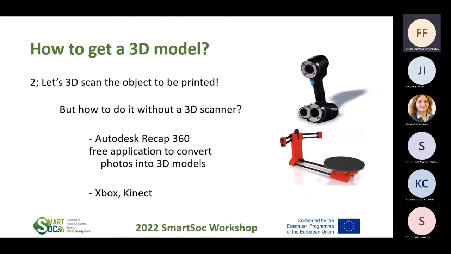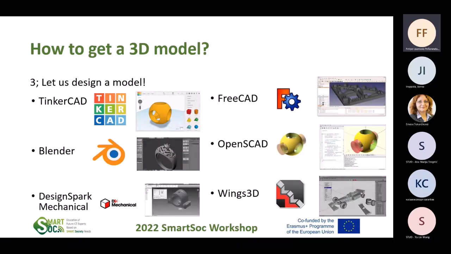What happens if we cannot download and we have no sample object which should be doubled? Then if we need something brand new, what can we do? Well, we have to design. To design, you need software, of course. In this slide, you can see 6 different design software products, and they are all free.